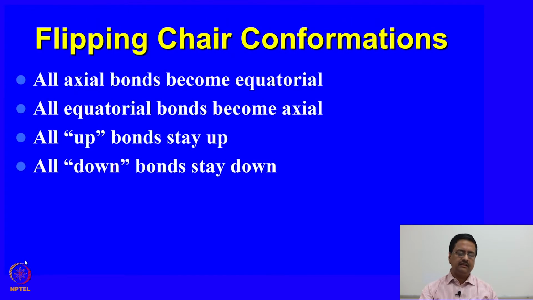So when you flip a chair conformation, all axial bonds become equatorial and all equatorial bonds become axial, which essentially means all up bonds stay up and all down bonds stay down. So let us see what that means.